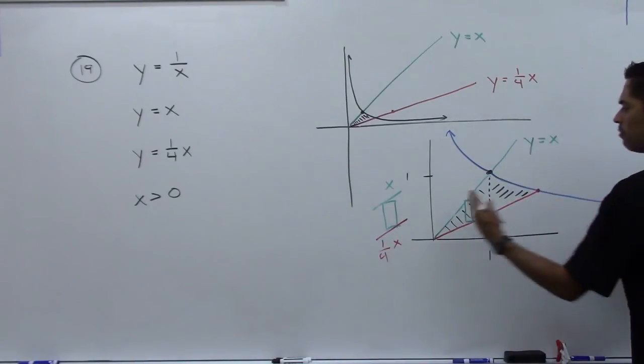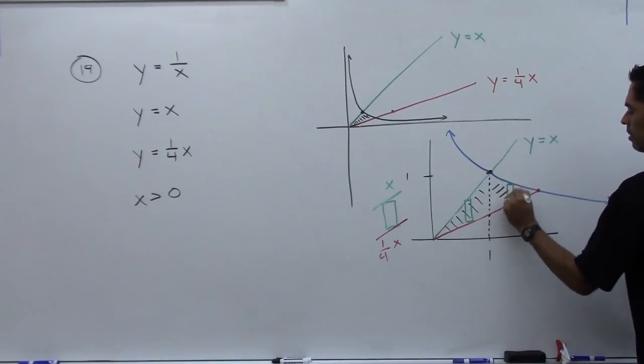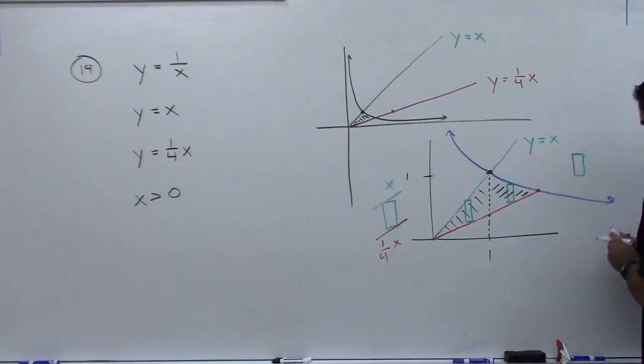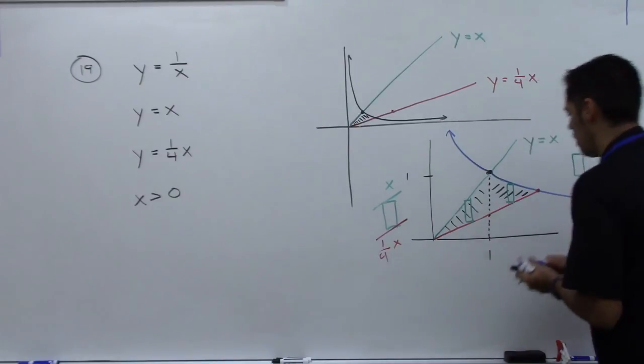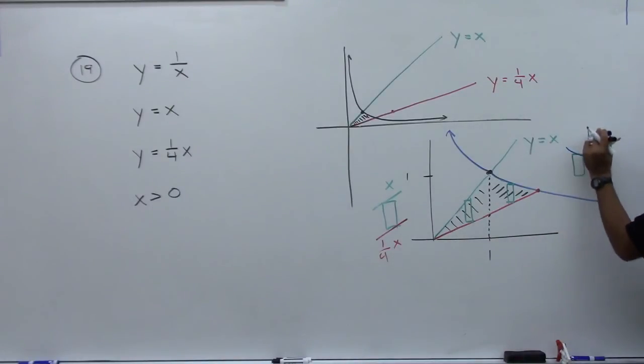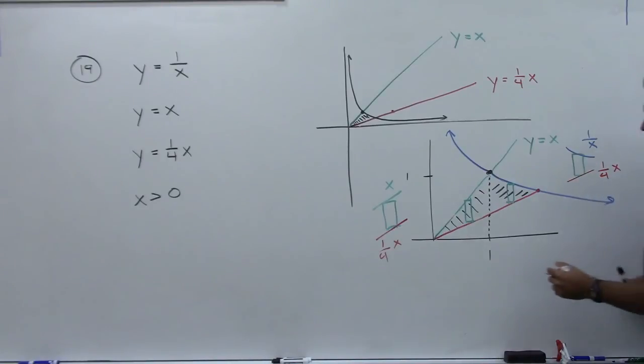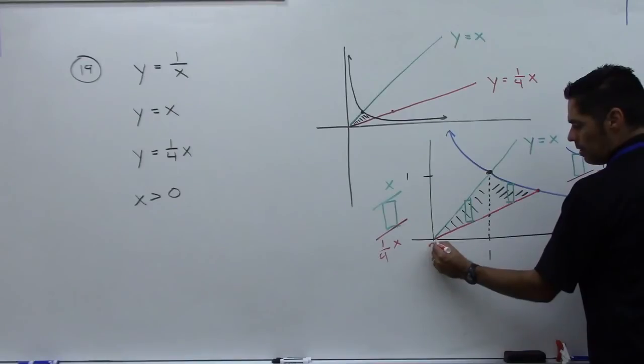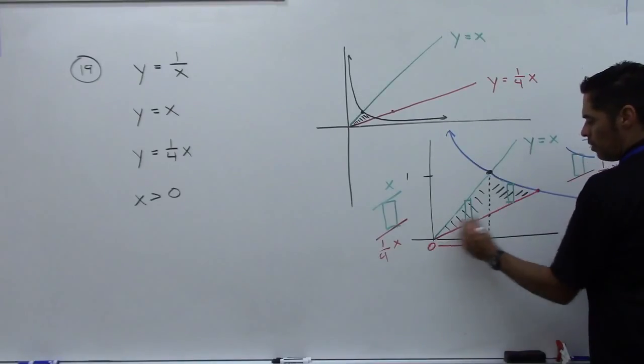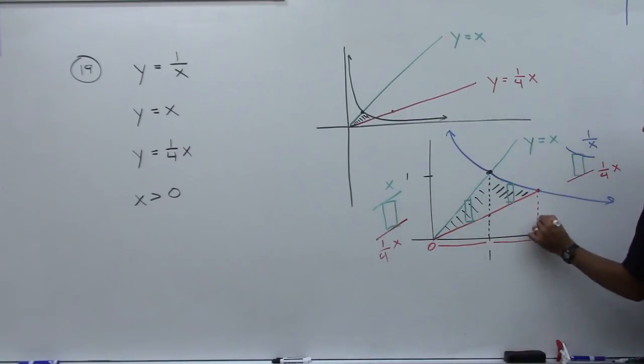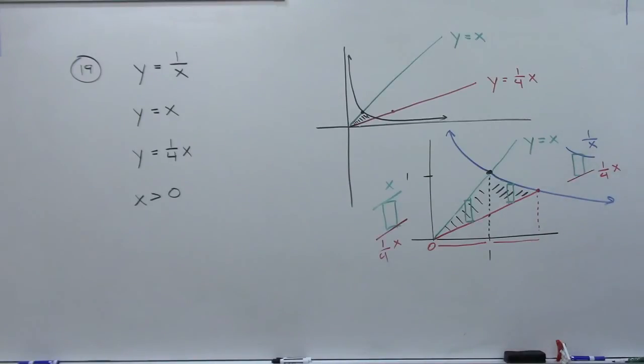Over here, when that rectangle slides, I get to this new region, it's going to be the blue one on top, which is 1/x, and the red one on the bottom, which is 1/4 x. And then you can see that we go from 0 to 1 on the first one, and then on the second one we need to actually figure out where that is. So we got a little work to do here. It's a little more involved than the ones we've done prior to this problem.